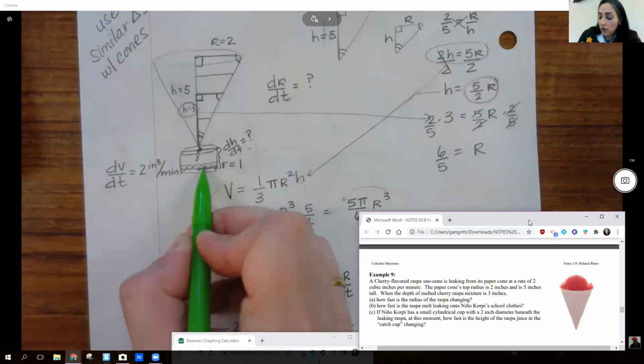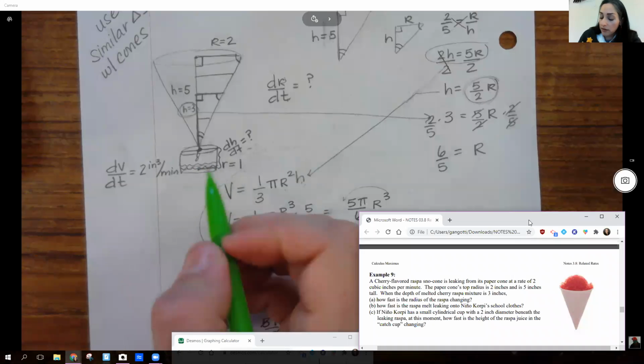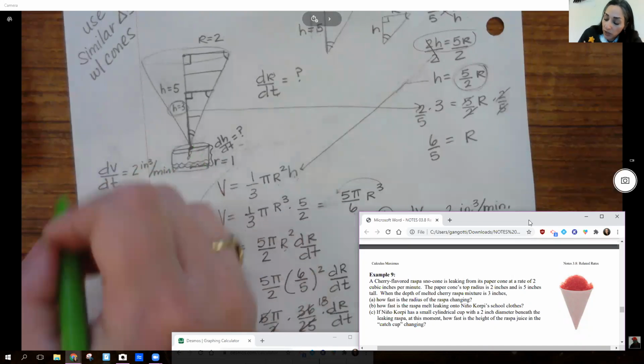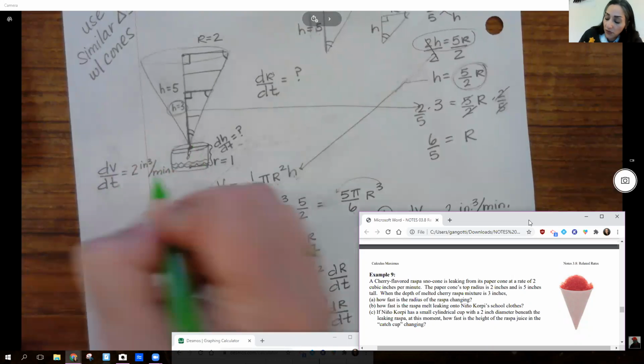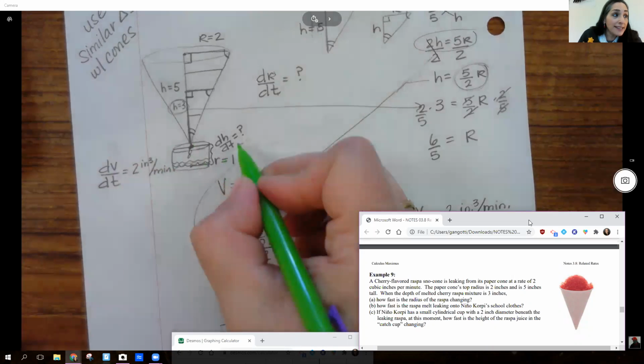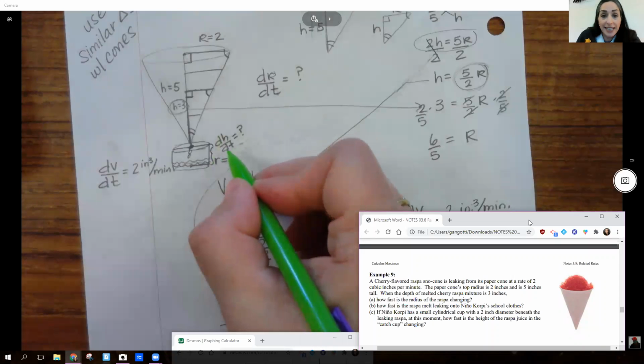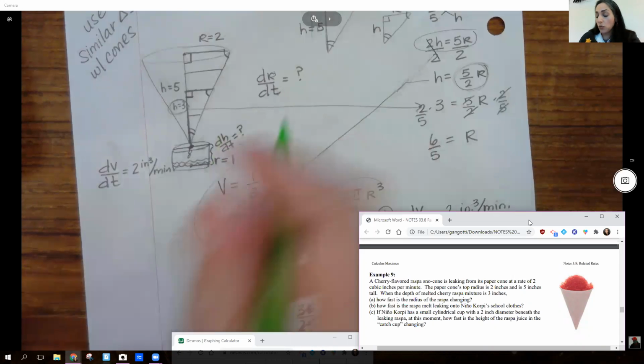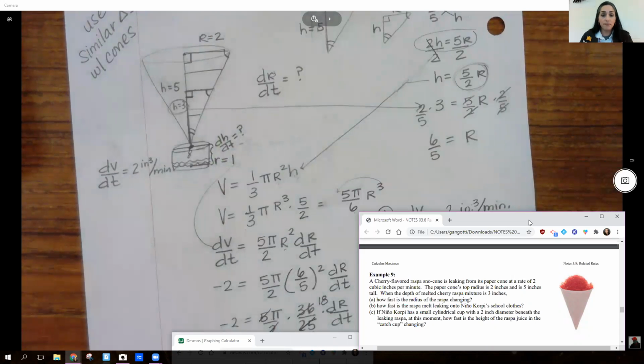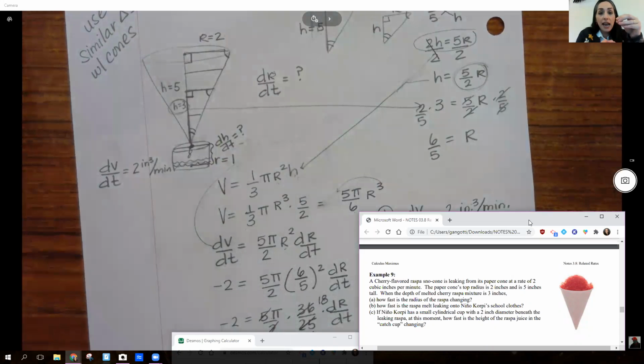We also know that the radius is 1. So if we use the volume formula for a cylinder, we can take the derivative of it and solve for dH dt. So once again, let me talk about what we're doing. You have snow cone stuff leaking into a catch cup.